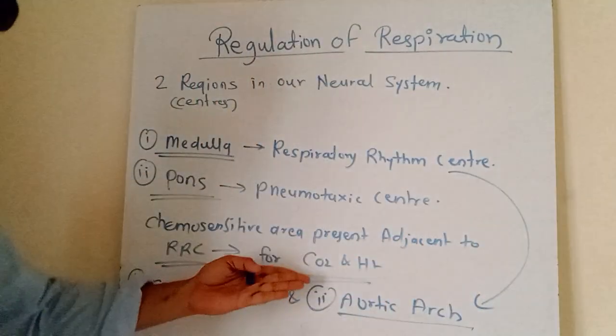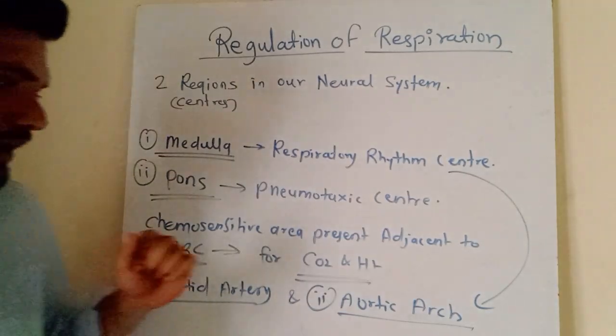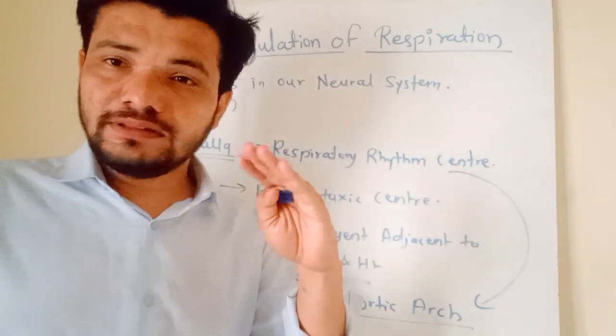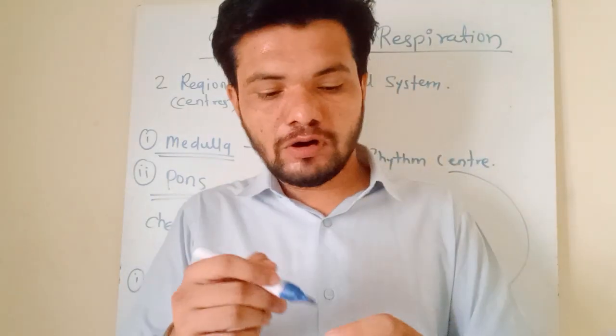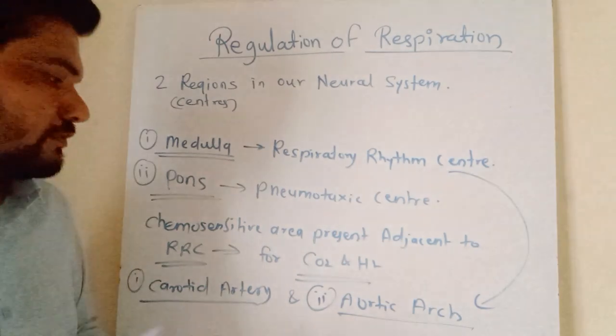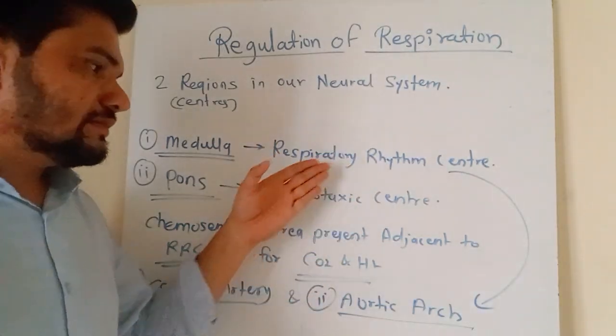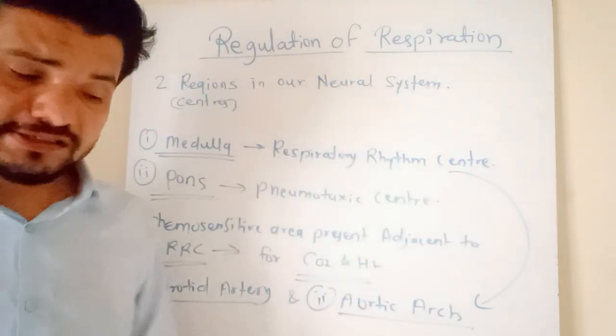They are also sensitive to CO2 and H plus. They will be stimulated by the amount of CO2 produced inside your body. So they will again signal the respiratory rhythm center, and then the respiratory rhythm center will make the necessary adjustment.